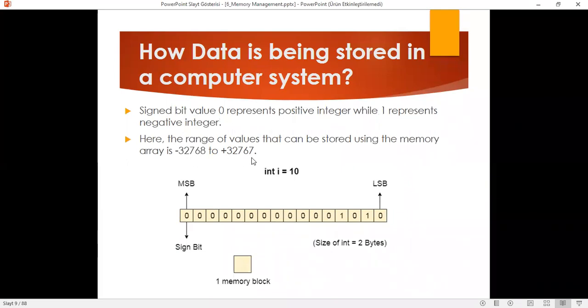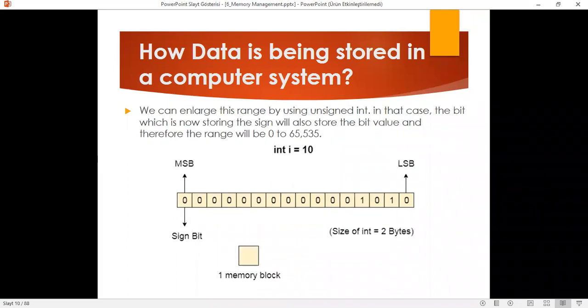When it is unsigned, I mean the integer, we do not use this bit as a sign bit. We use it as a number. So the maximum positive value that I can store is increased, but this time we cannot store negative integers.